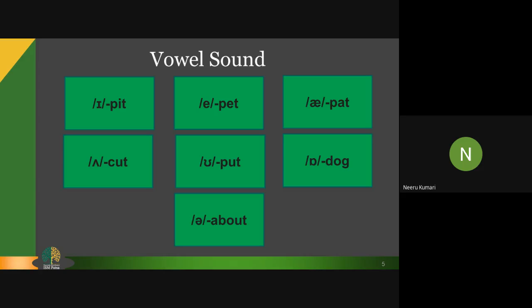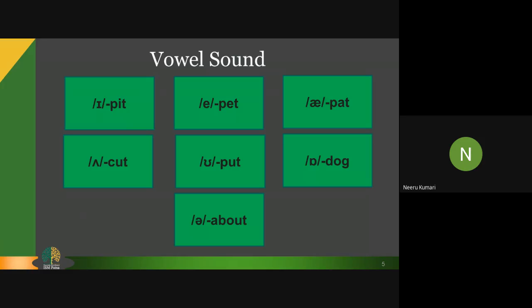This is the sound of uh, as in cut. This is the sound oo. The symbol represents oo, and the sound is in put. This is the symbol o, as in dog.